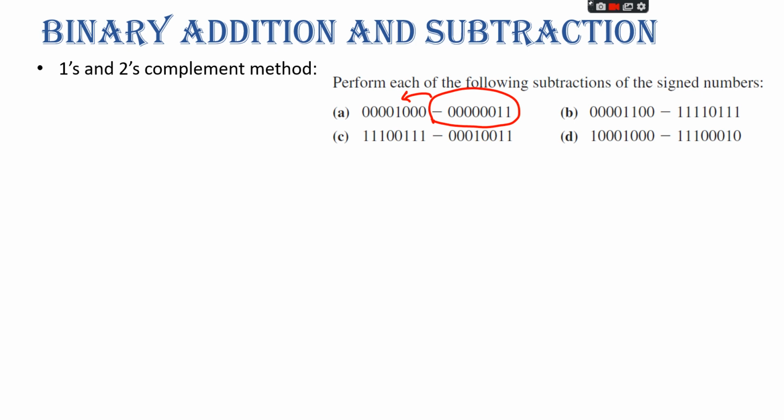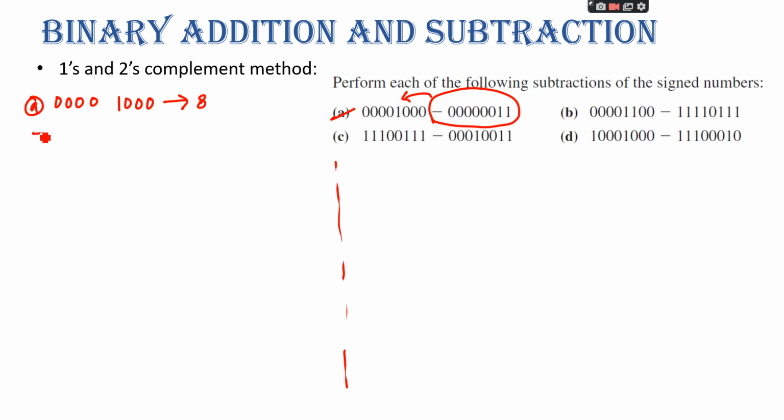So let me do one example and see how it works. Suppose the number is 0 0 0 0, then 1 0 0 0. So what should be the number in decimal? 8. Right?